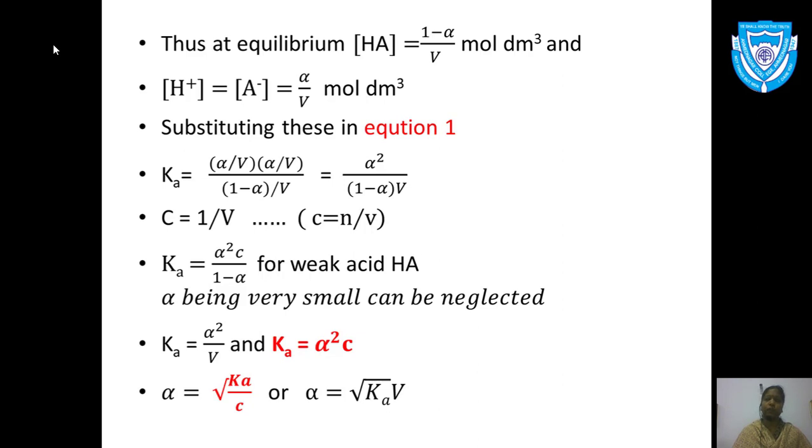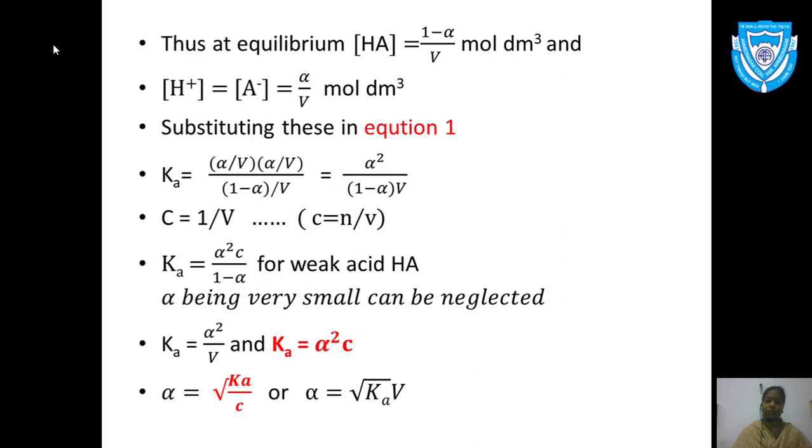So simply, alpha being small can be neglected, and Ka is equal to alpha square into C. So alpha is equal to under root Ka upon C, or alpha is equal to under root Ka into V. This is the Ostwald dilution law or Ostwald dilution formula.